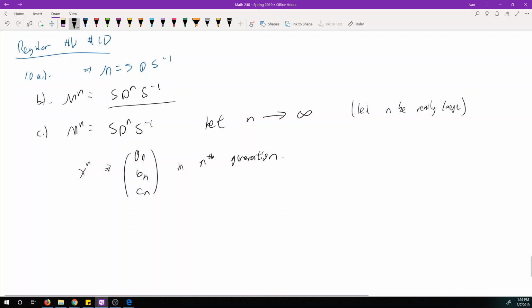You know from the previous homework that xn is equal to M to the n times x naught. And in part B of the previous homework, you actually computed this already. So I guess 10C is the same thing as 14B from the previous homework. It's the exact same problem.